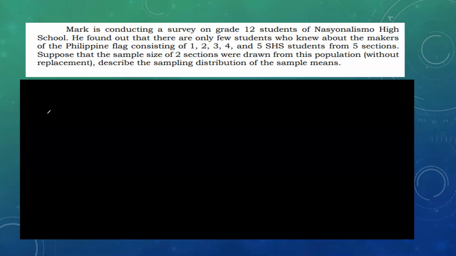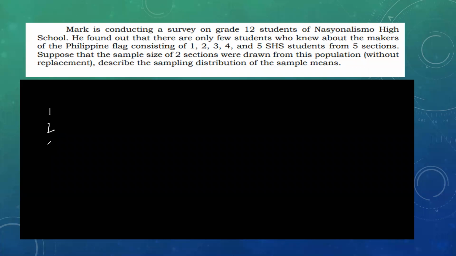So it is easy for us to identify the mean because we have 1, 2, 3, 4, 5. The mean, which is our mu, will be simply, add mo to, 1, 2, 3, 4, 5.